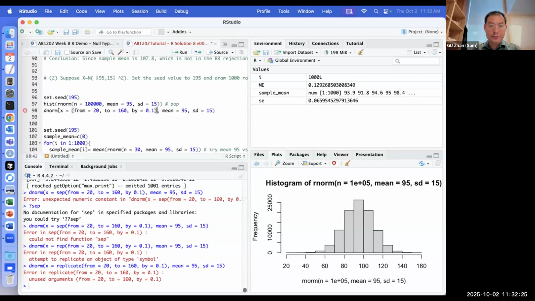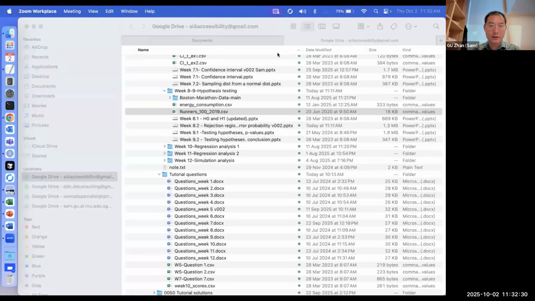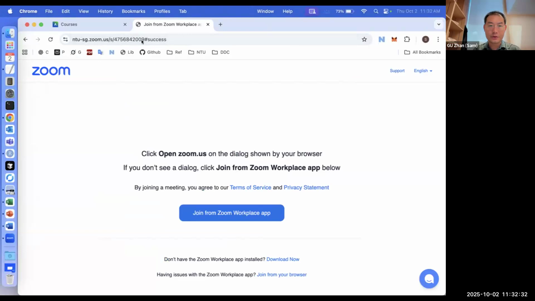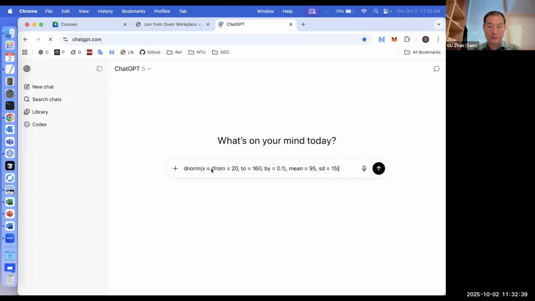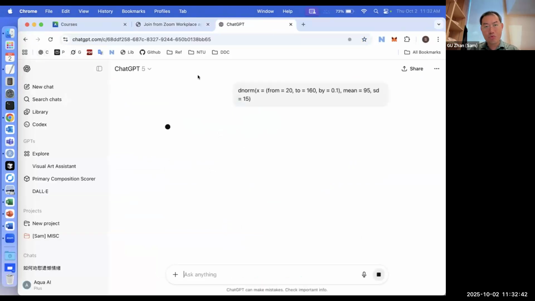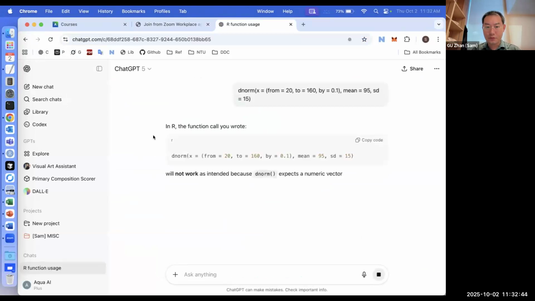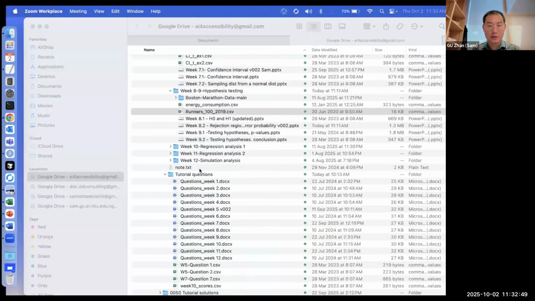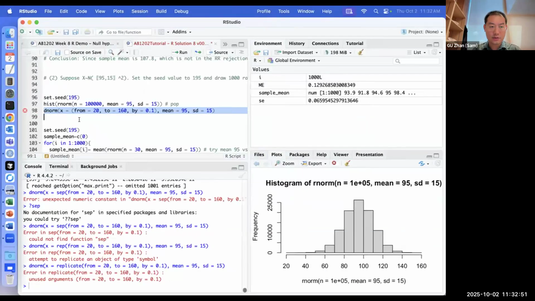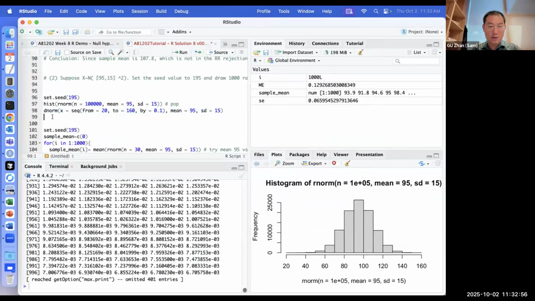Sometimes I forget, so let's quickly ask AI. It's SEQ, not SCP, sequential SEQ. Okay, good. So now we have this one, then I want to plot it.